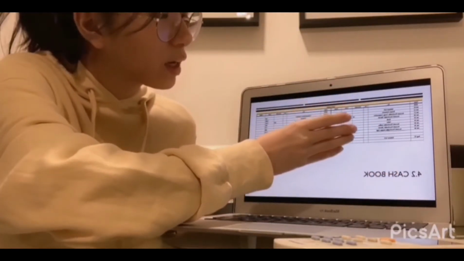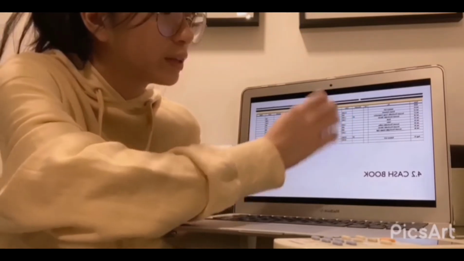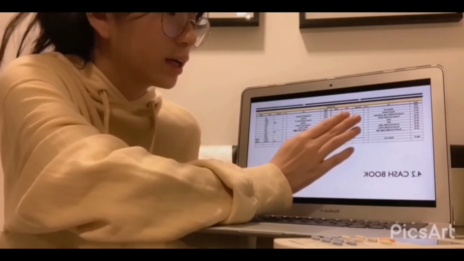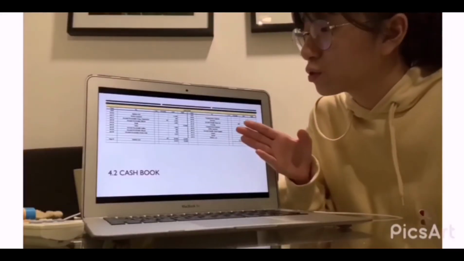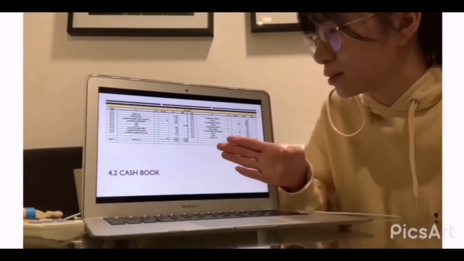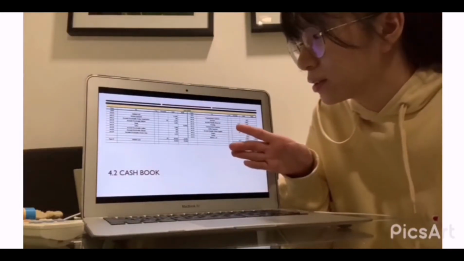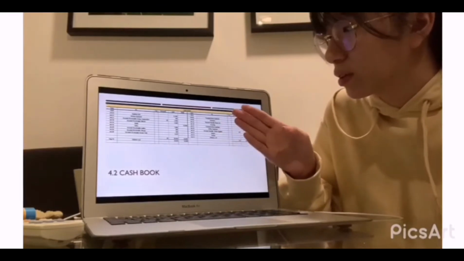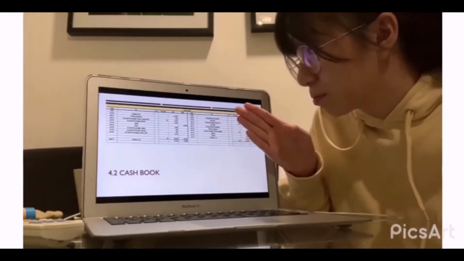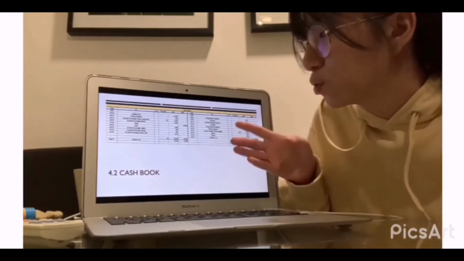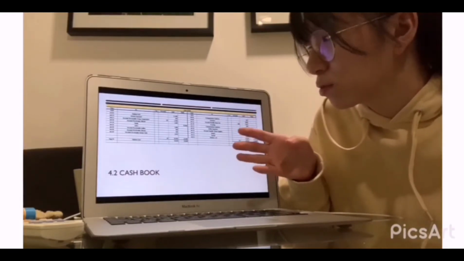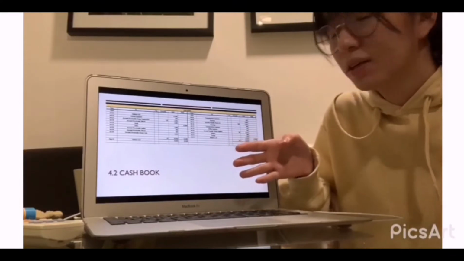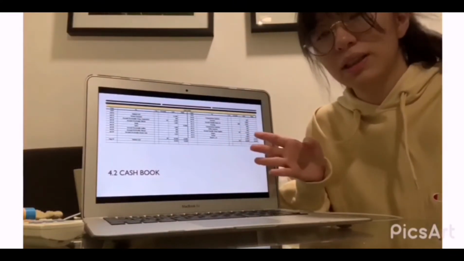Some accounts got discount, and we list down the discount here. Moving on to the bank, the amount of the bank received is 10,000. The next one is sales, which is in cash in hand, 7,000. And that's it for the debit side.